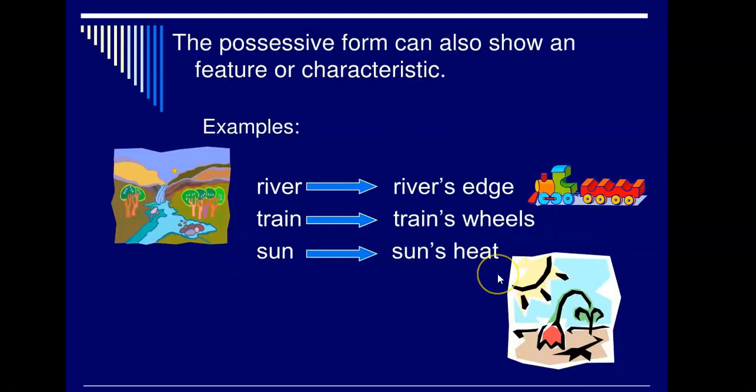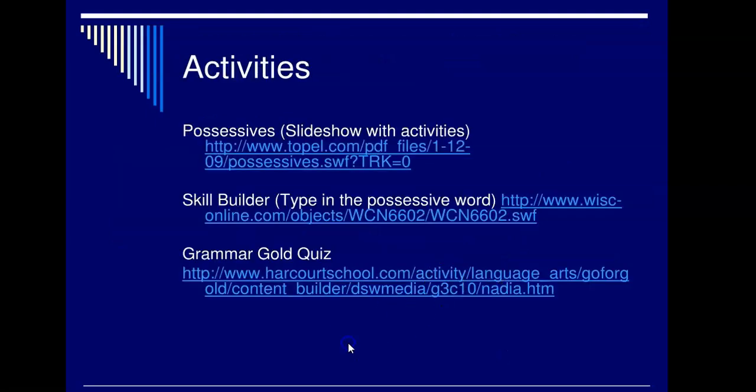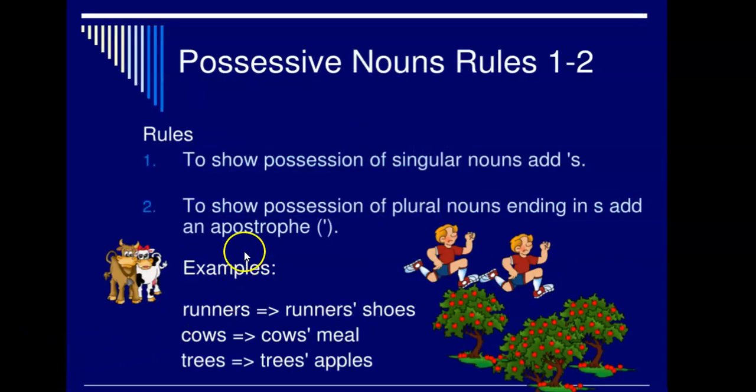The possessive form can also show a feature or characteristic. For example, river, river's edge; train, train's wheels; sun, sun's heat. So, possessive noun rules, from 1 to 2, yes? The first rule is to show possession of singular nouns, add apostrophe plus s.